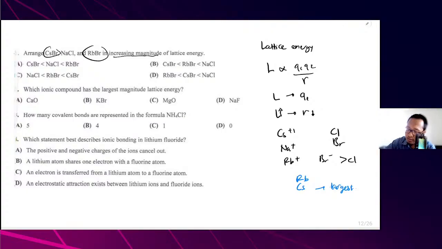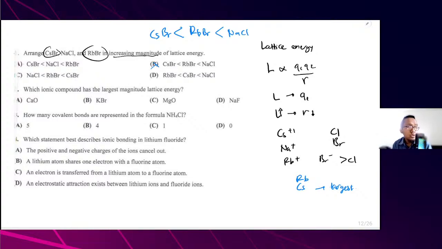Larger ion, lower lattice energy. So CsBr is the biggest one, and because Cs is the largest, it has the lowest lattice energy. And after that is RbBr. Because Br is larger than Cl, the CsCl is the highest one, so the correct answer will be B.